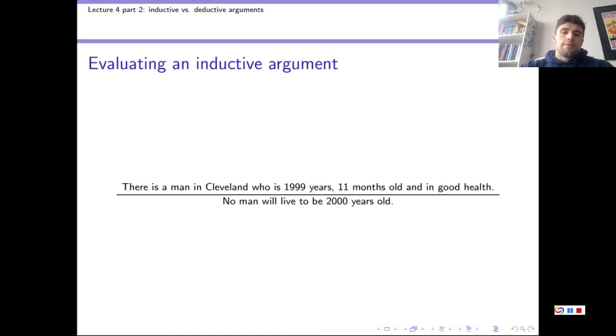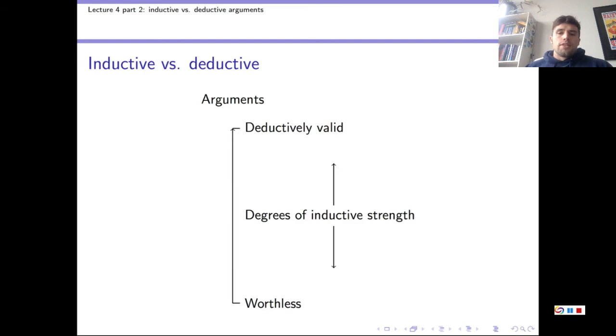So what have we learned here? We began this lecture by saying that arguments have varying degrees of strength, and now we've seen this, that deductively valid arguments are the strongest type, followed by arguments of descending strength all the way down to the kind of worthless arguments at the bottom of the strength scale.